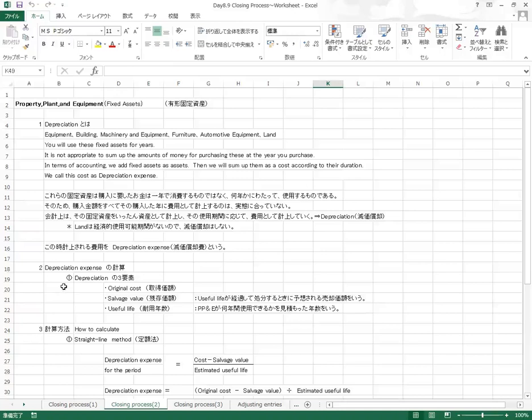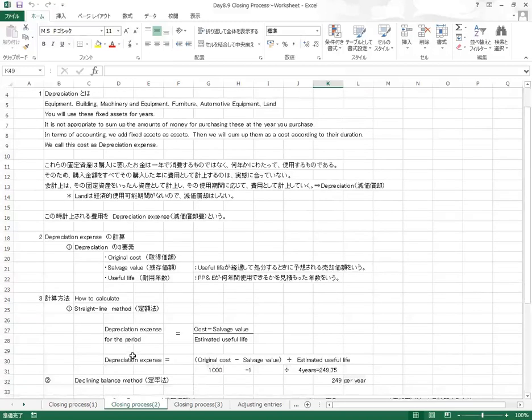The asset: building, equipment, and so on. These expenses that you record according to the terms are so-called depreciation expense.